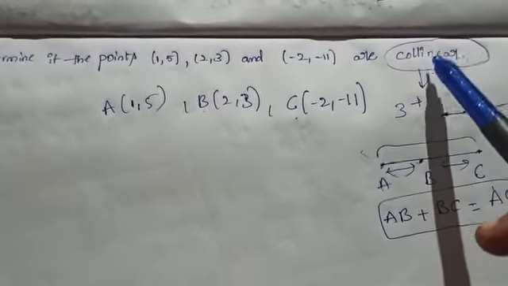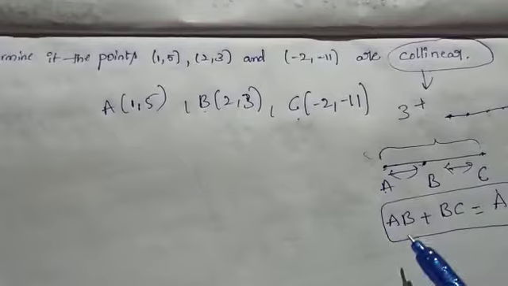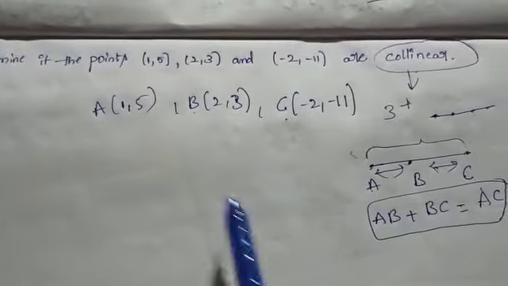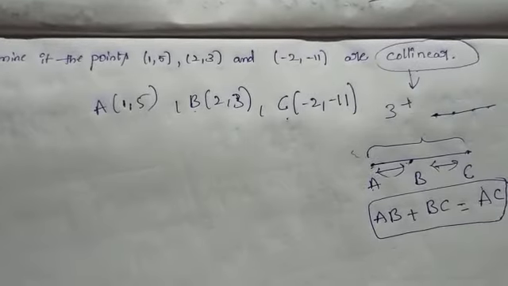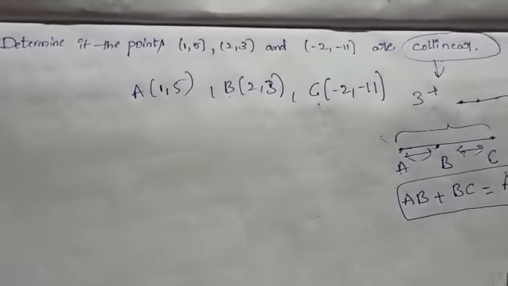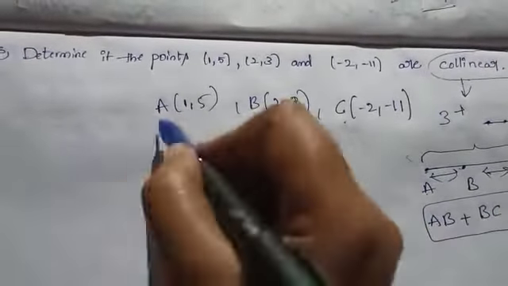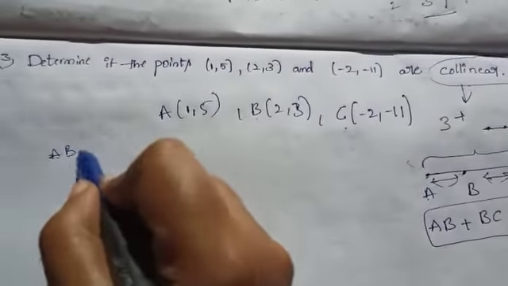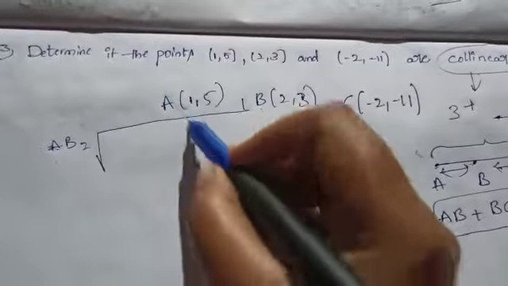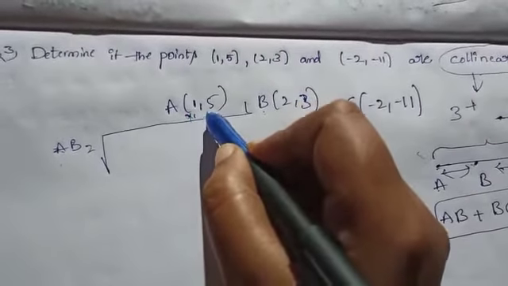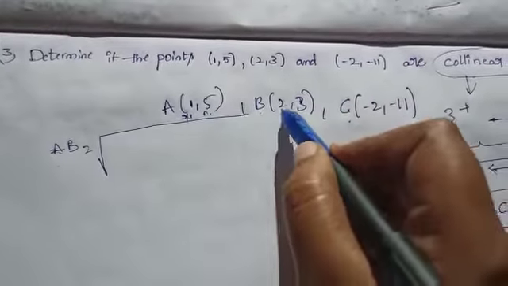In collinear points, the sum of the minimum distances equals the maximum distance. Let's check AB. AB equals the root of (x2 minus x1) whole square plus (y2 minus y1) whole square; here these are x1, y1, x2, y2.